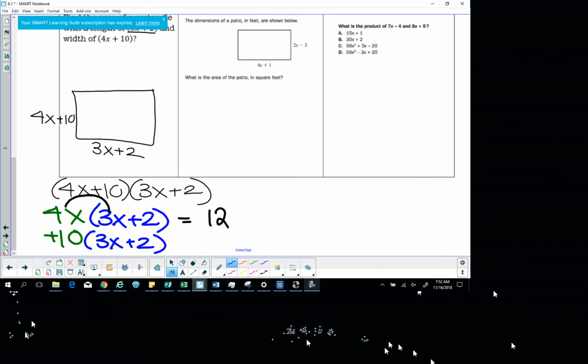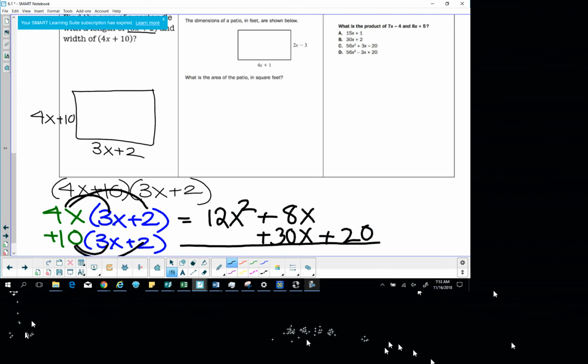And then what's x times x? 4x times 2? 8x. 10 times 3x? 30x. And then 10 times 2? Just 20. So it looks something like this. Then I add, so 12x squared can scroll down. 8 plus 30 is just 38x. And plus 20.